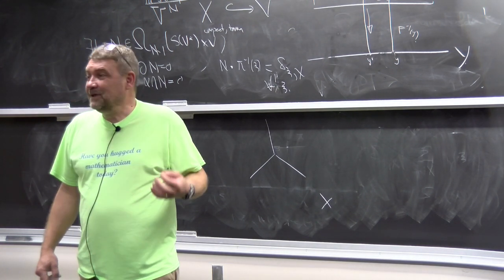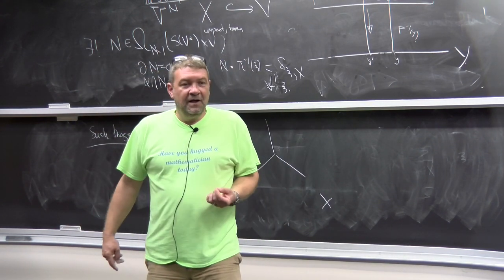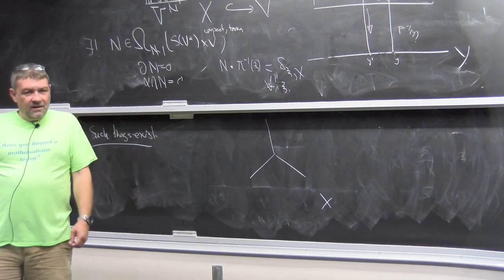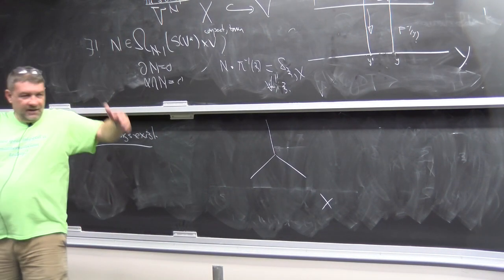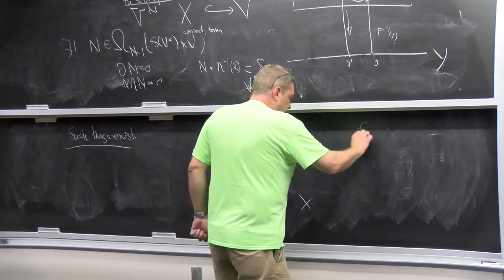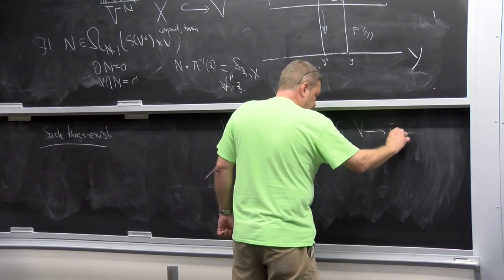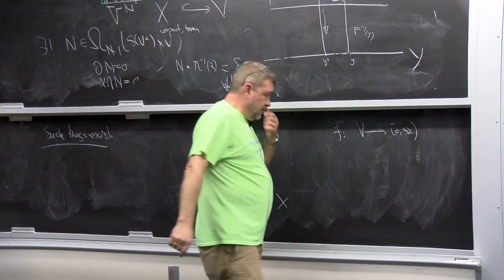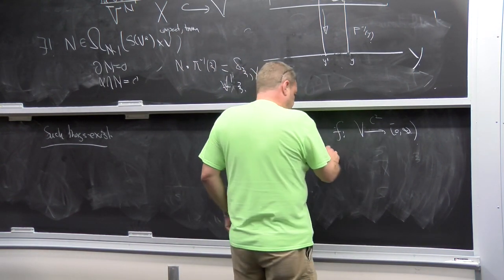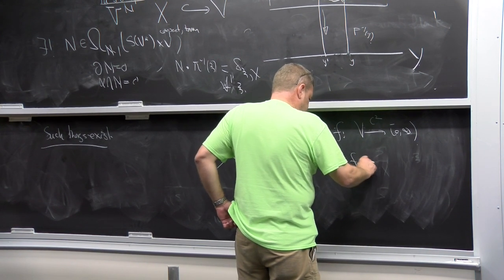For example, the distance to the set X would be such a thing, but it may not be C2. But there exists one. So I have a function f from V to [0, infinity), which is a C2 proper function, and X is the zero set of that.